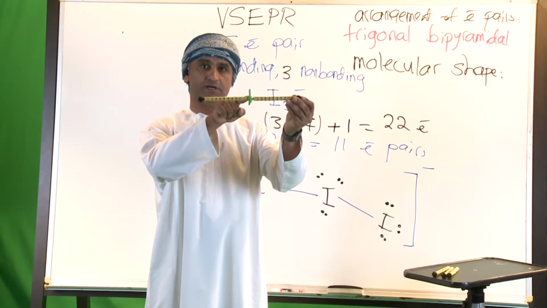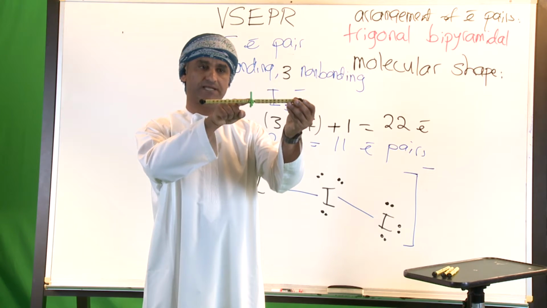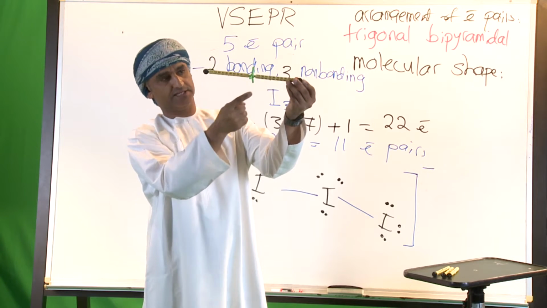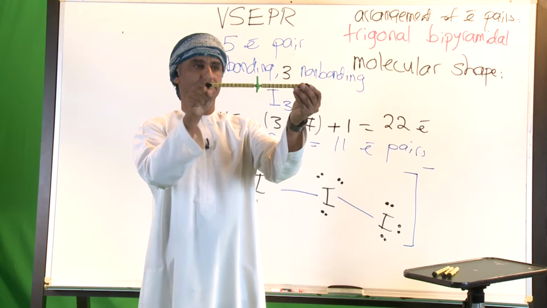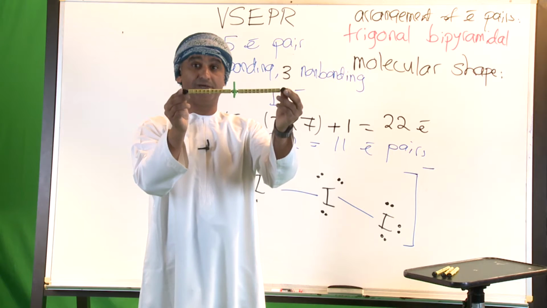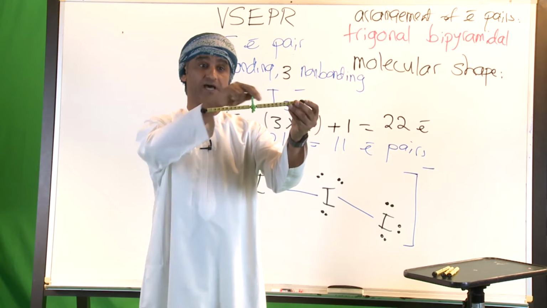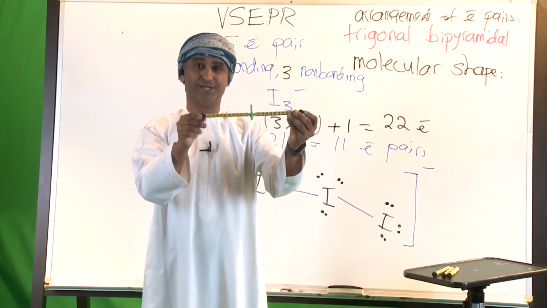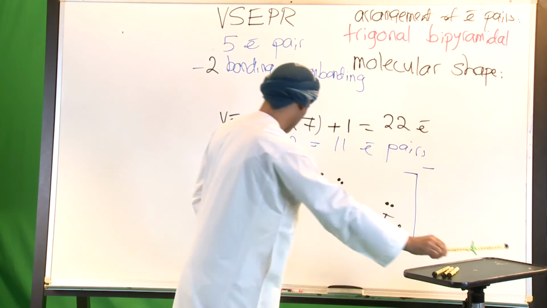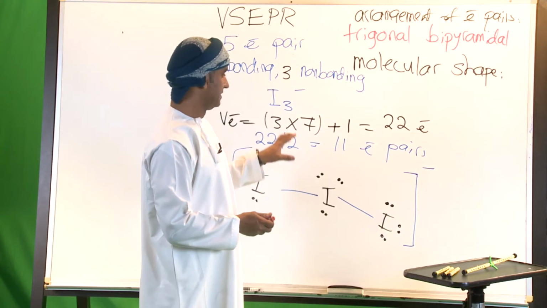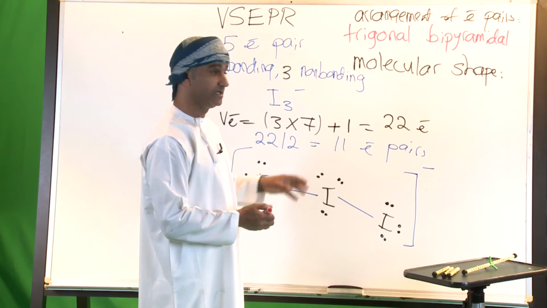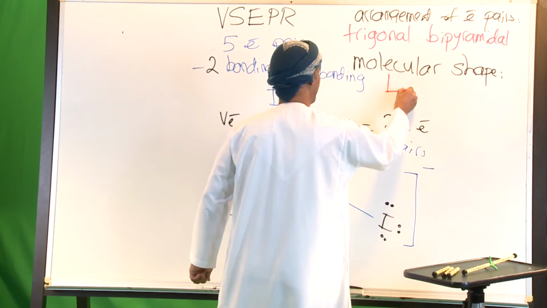So that's the central iodine atom, that's 1 lone pair, that's another, and that's a third one. These are the surrounding iodine atoms, and if you look at this shape, it's clearly linear, and the bond angle is obviously 180 degrees. So the molecular shape in the triiodide ion case is actually linear.